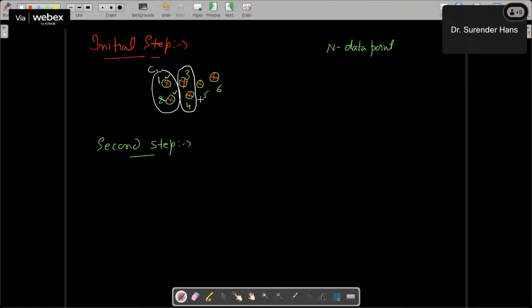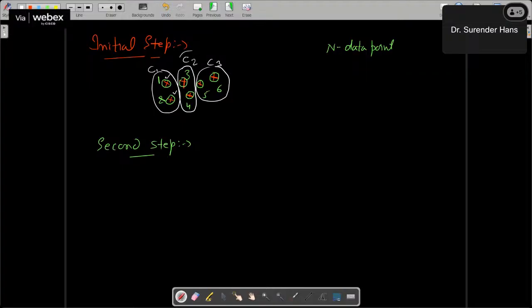Correct? Then next again, let's say for example, fifth and sixth. So again it will make one cluster. So this one is C2, this one is C3. Then again it will search and see if the distance between C2 and C3 is less as compared to C1 and C2.